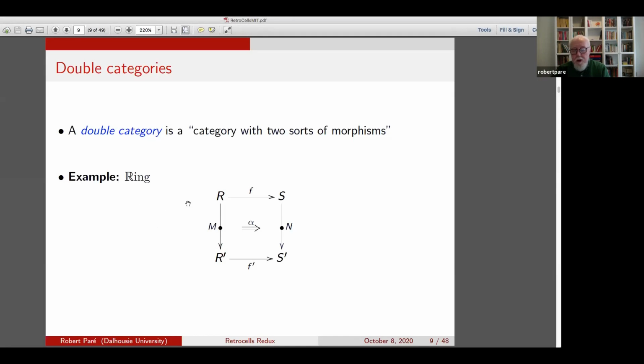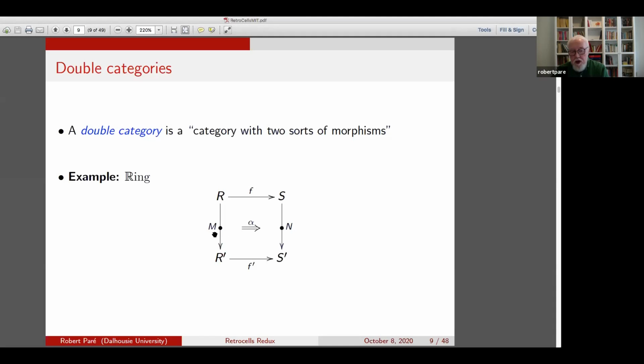So the double category of rings has rings as objects, homomorphisms as horizontal arrows, and bimodules as vertical arrows. And then it has these double cells that tie the horizontal and the vertical together.